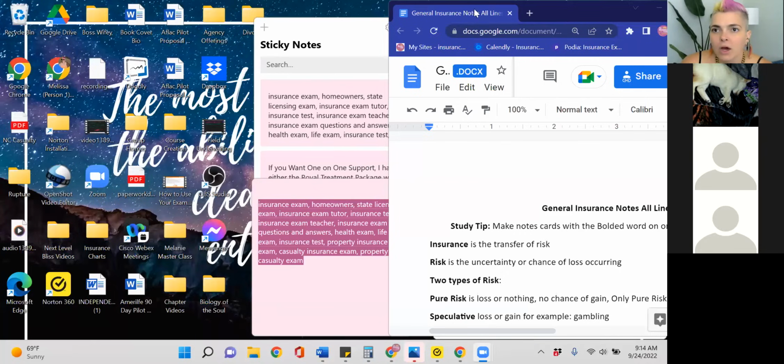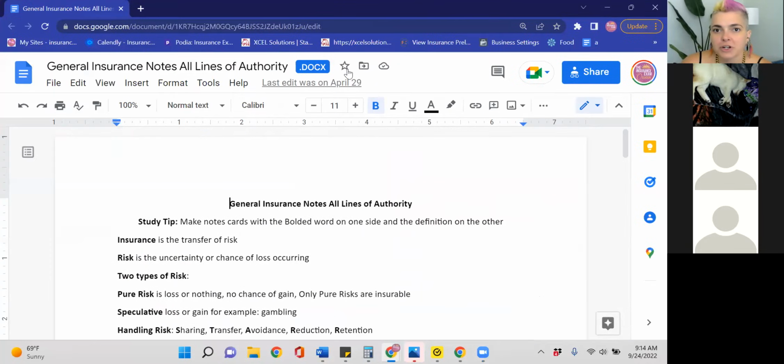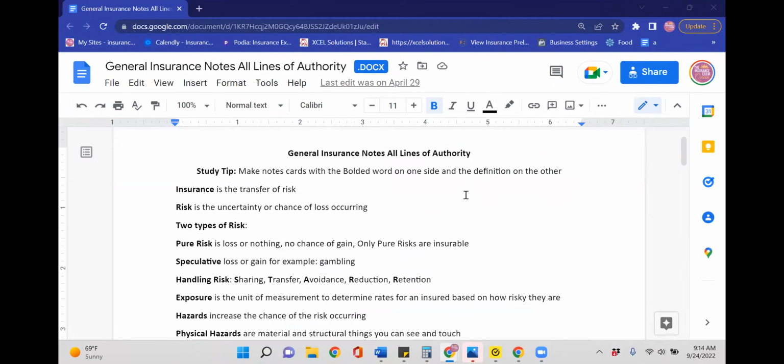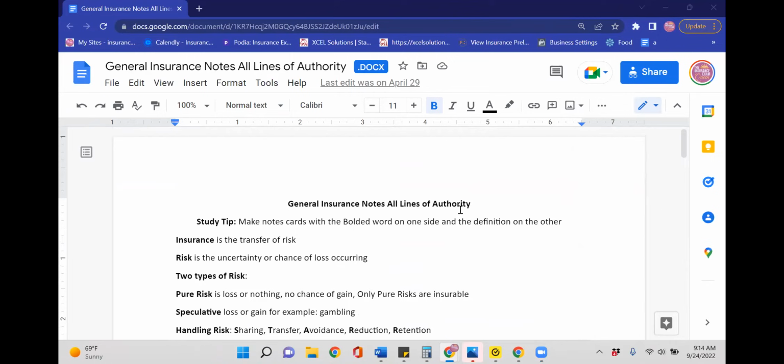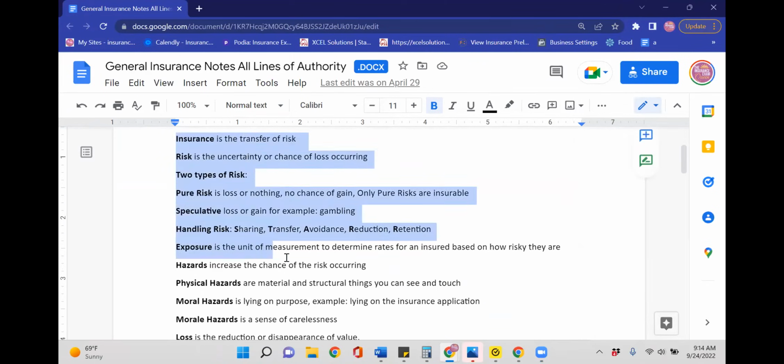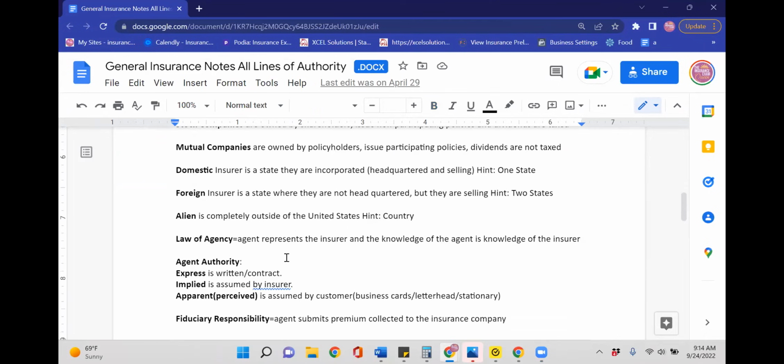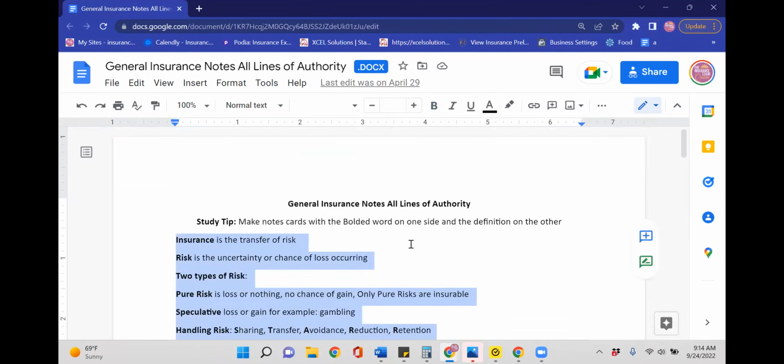What I want to do now is share screen. These are the general insurance notes. Like I said, I wanted to do things differently for this recording. I didn't just want to pull this up and start talking about all of these things. I wanted to tell it like a story.